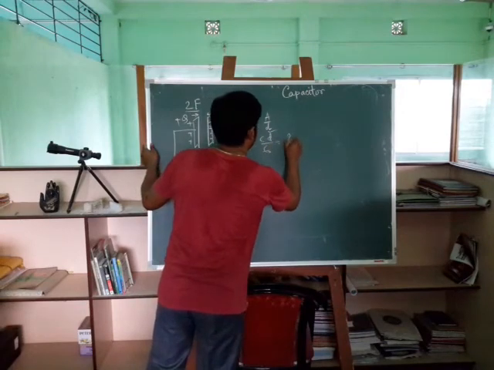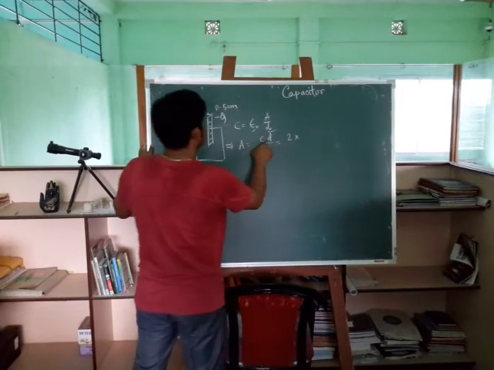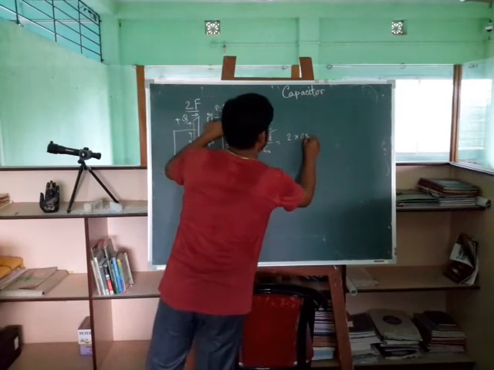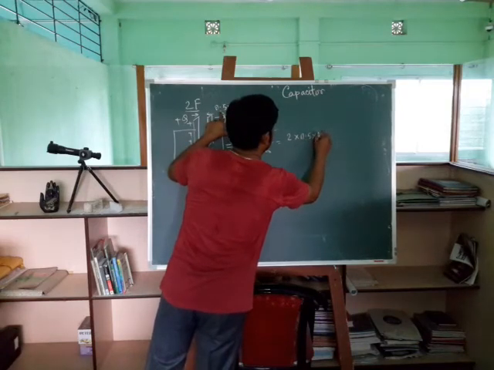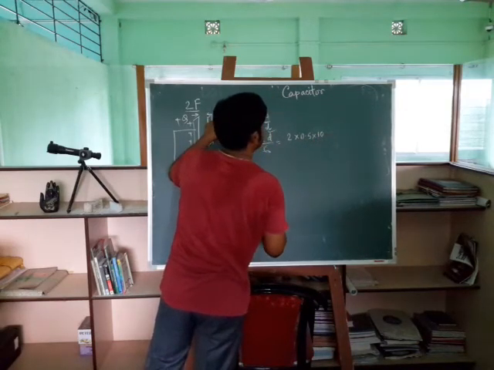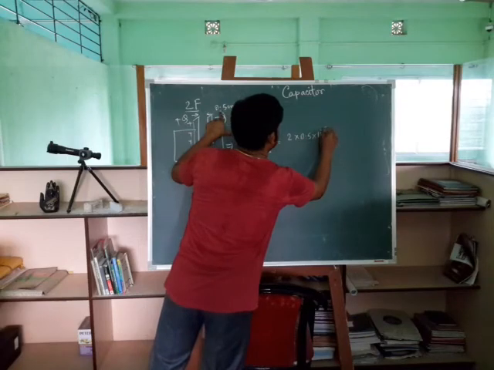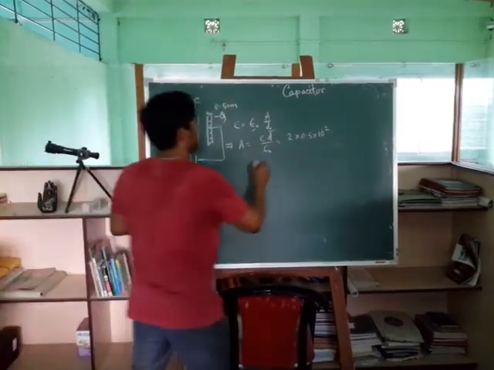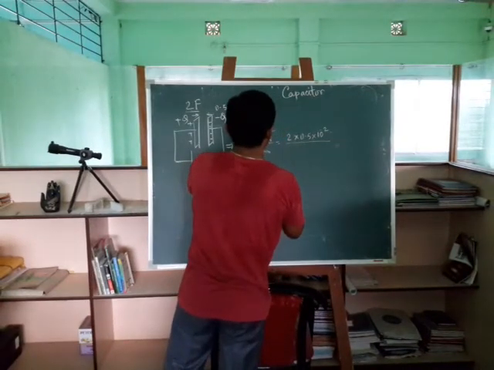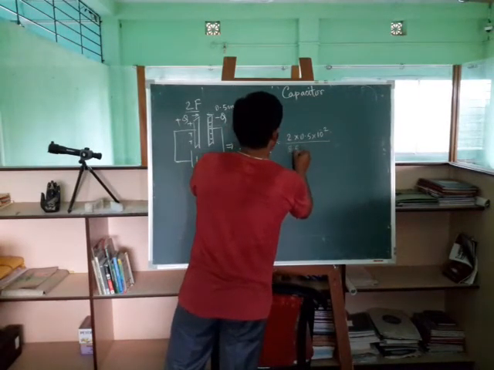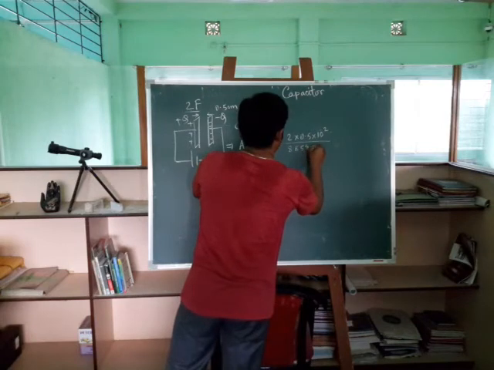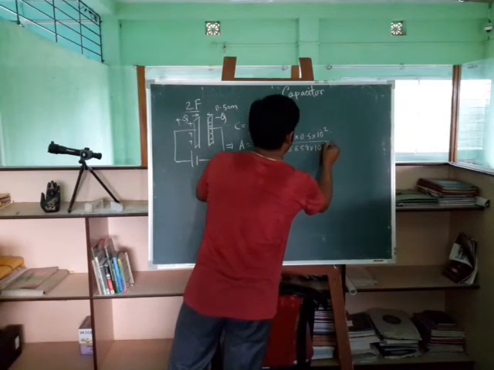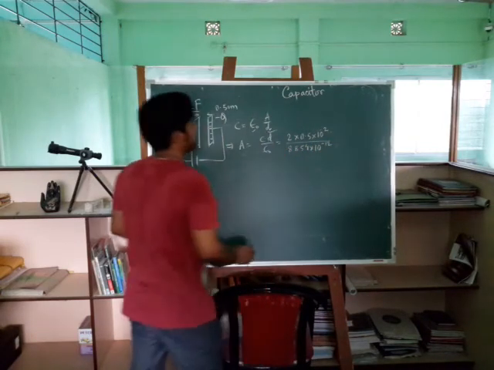C we want to make 2 farad, so 2. Distance is 0.5 centimeter, so 0.5 into 10 to the power minus 2 meter, divided by epsilon naught, which is 8.854 into 10 to the power minus 12 in SI unit.